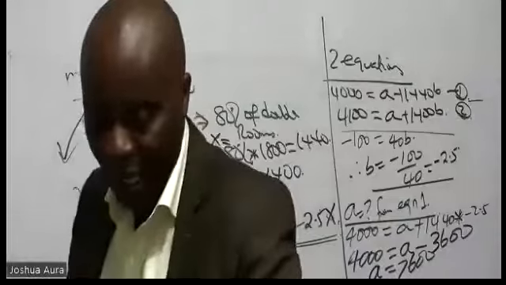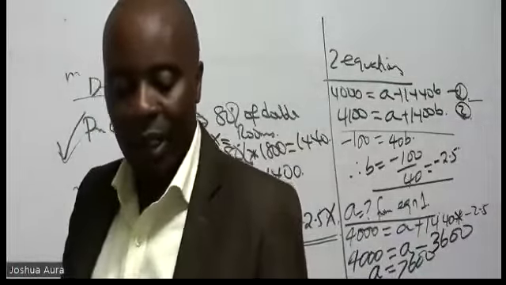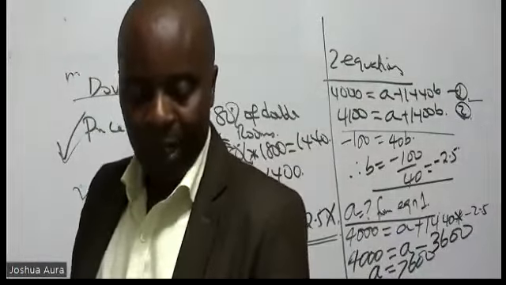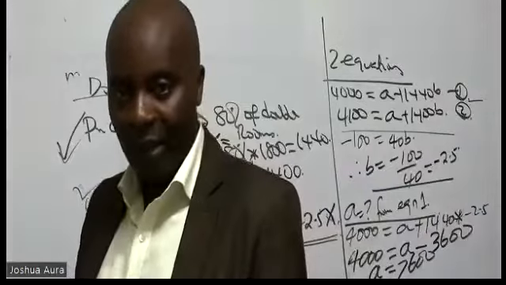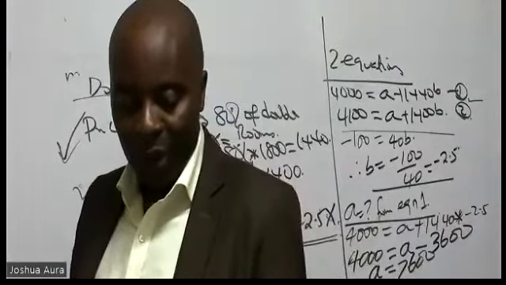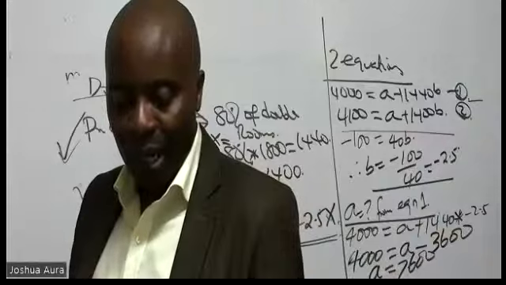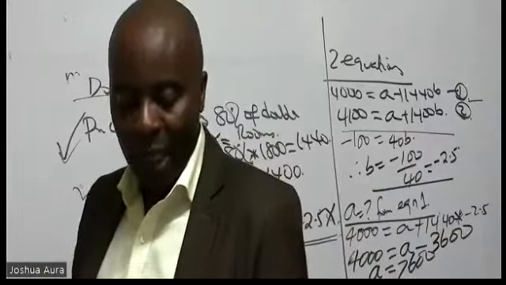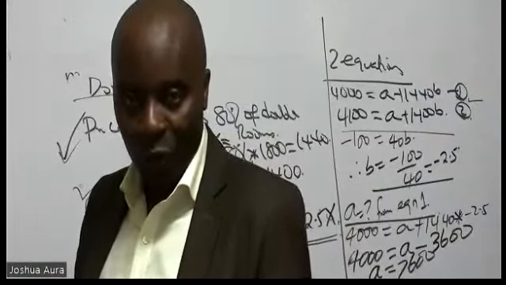Remember what this examiner wanted us to ascertain, ladies and gentlemen, is the fees, which is the price that should be charged per double room per night in order to maximize profit during the tournament.